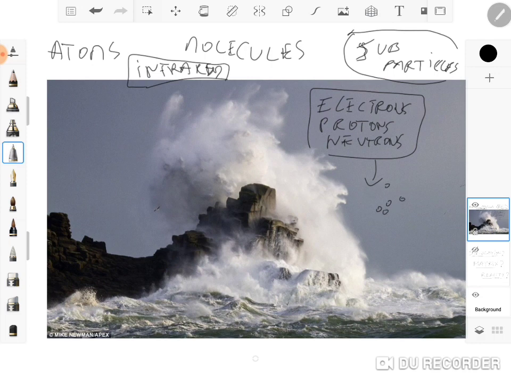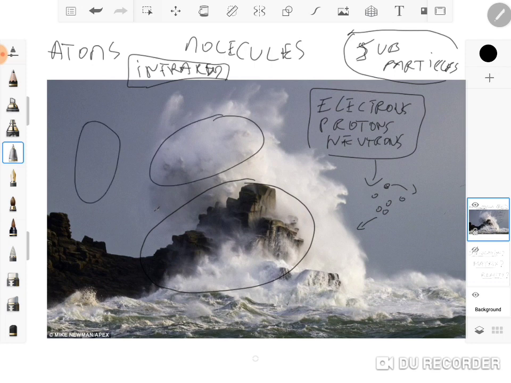It would just be little balls that are tossing around, and you could say that here there's a little bit more density because it's the rock and it's a little bit less mobile, and here there's a lot of movement, and here as well, maybe the air, there's a lot of wind.